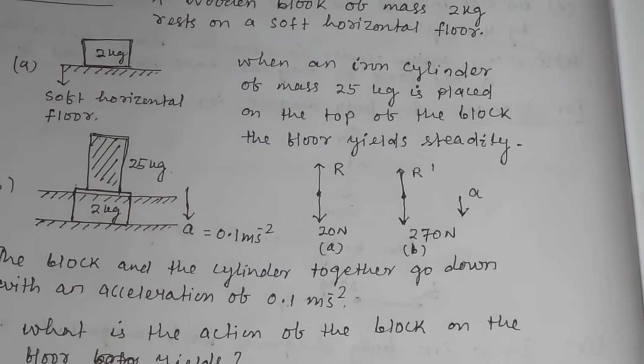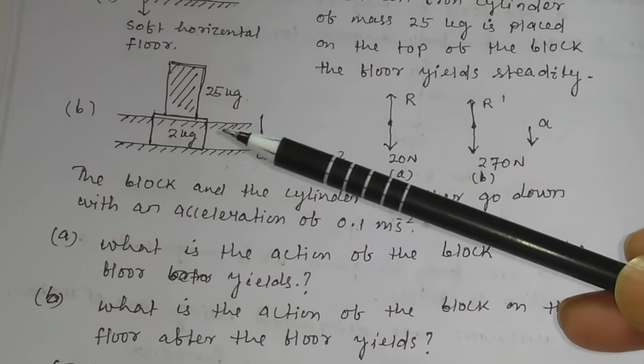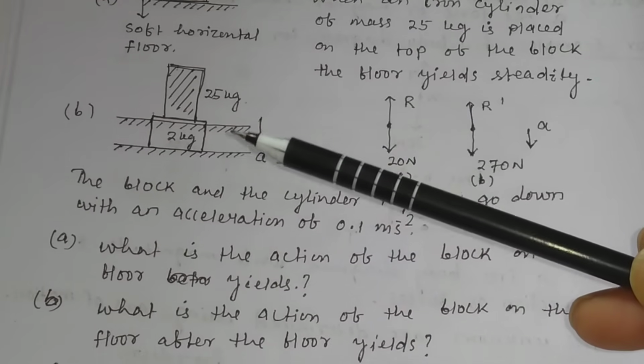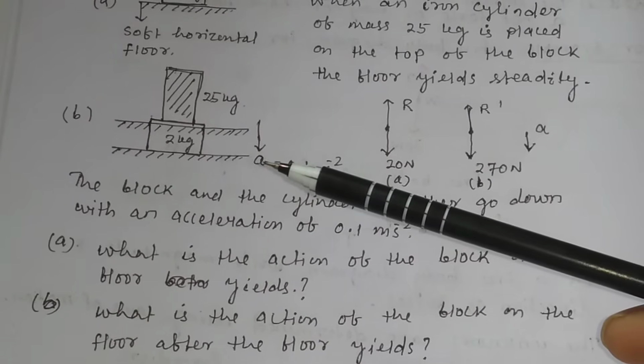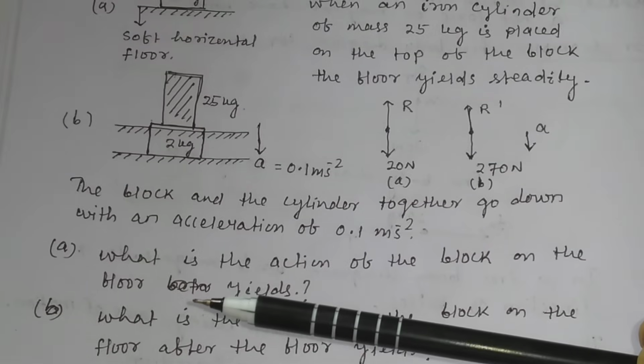And it is given that the system, the block and the cylinder, together go down with an acceleration of 0.1 meter per second square. And the question is, what is the action of the block on the floor?